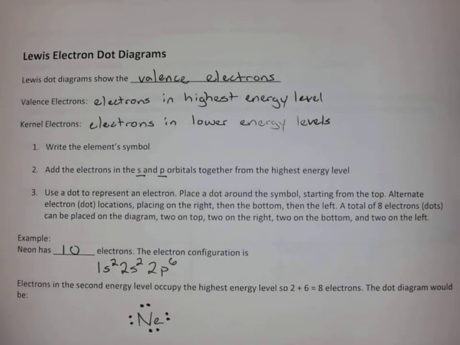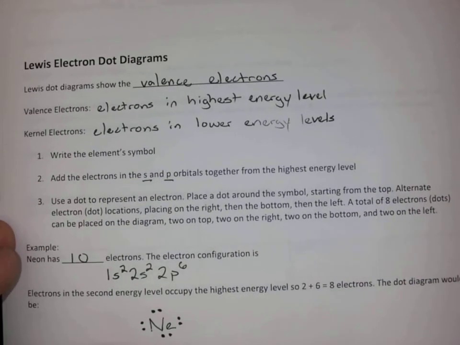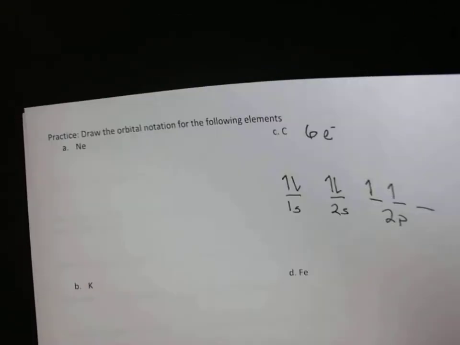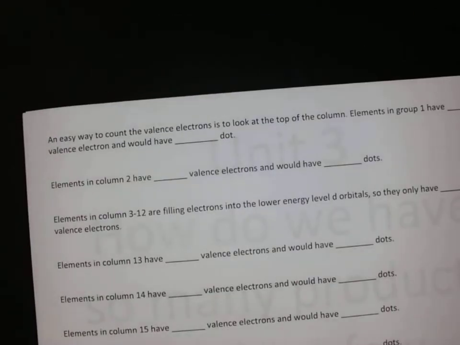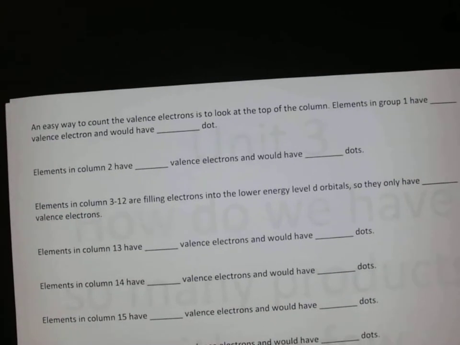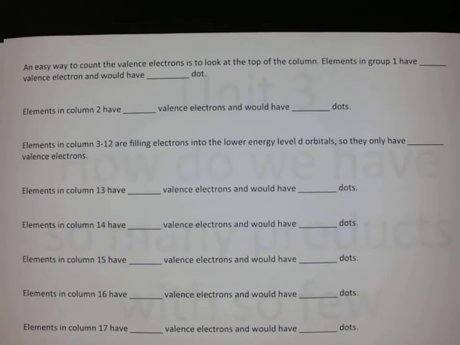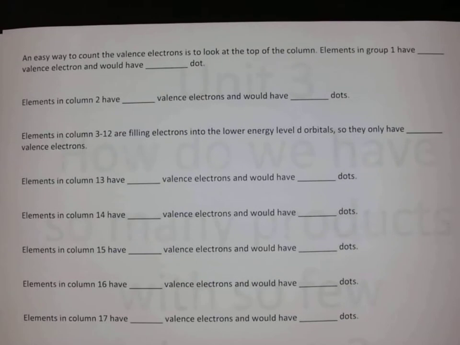So, with our Lewis dot diagrams, like I said, we really only care about our valence electrons. The easiest way to understand and count our valence electrons is really just to look at our column on the periodic table.